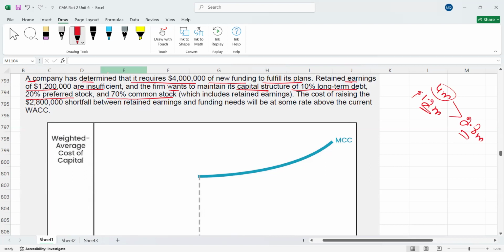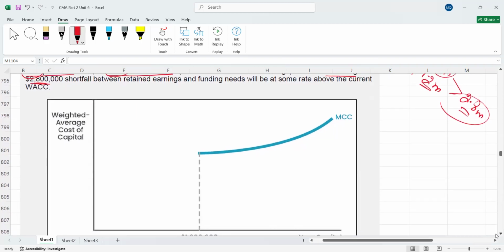In the existing capital structure, we have 10% from debt, 20% from preferred stock, and 70% from common stock. Then the cost of raising the additional 2.8 million, this deficit which we are short with. If you raise this additional amount, what will happen? This is what will happen here.